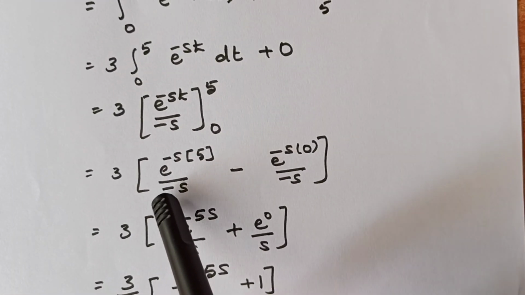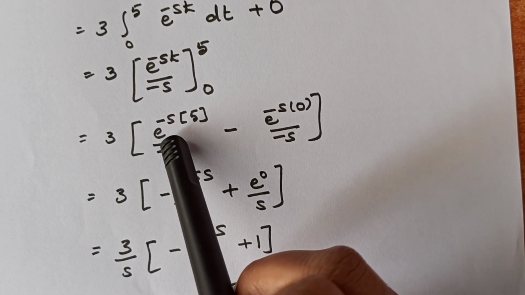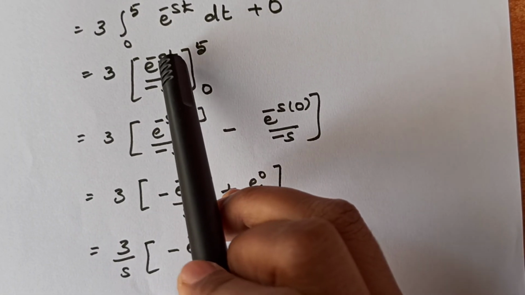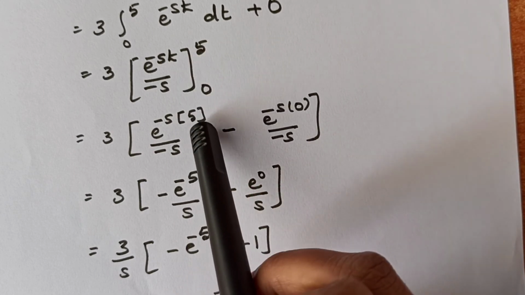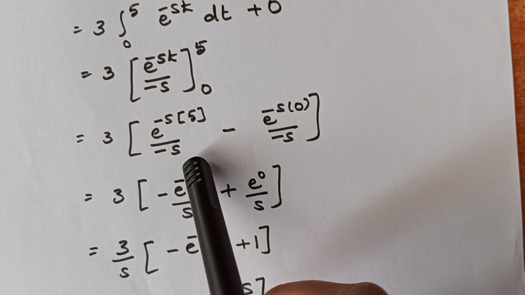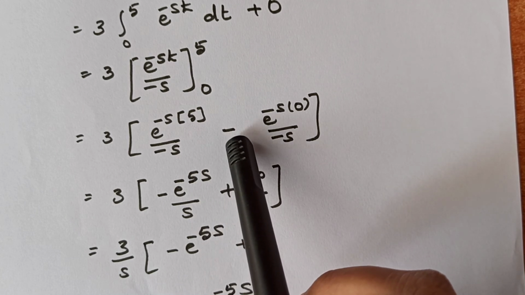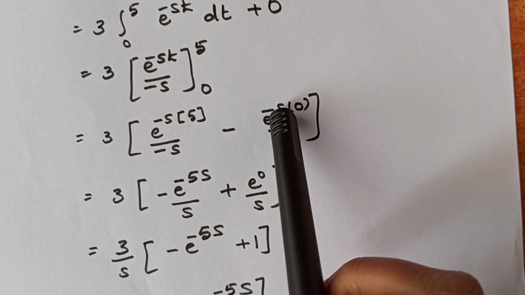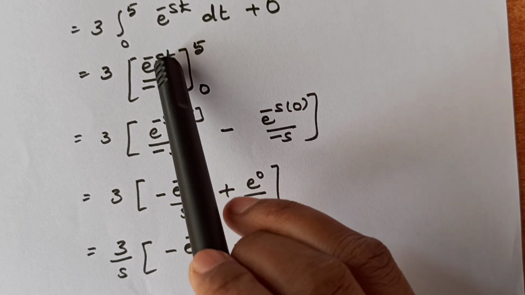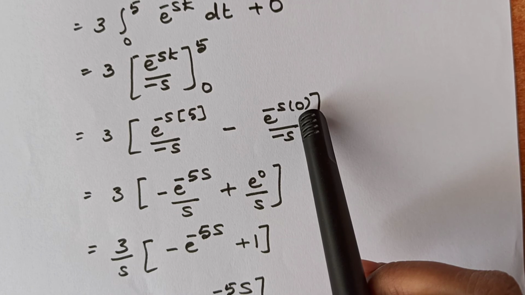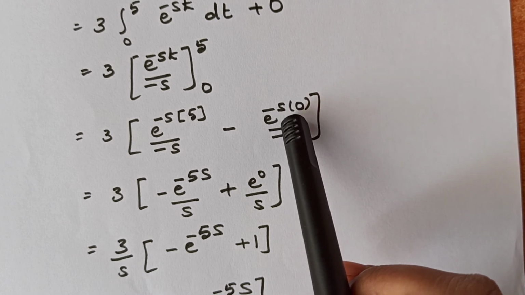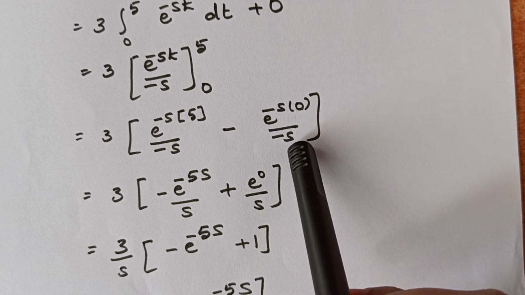Which will be equal to 3 into e power of minus s, substitute your upper limit in the place of t, that is 5, the whole divided by minus s, minus, substitute your lower limit. In the place of t, you have to replace it by 0, that is e power of minus s into 0, where you will get e power of 0, the whole divided by minus s.